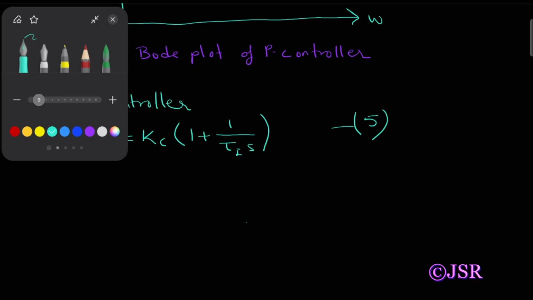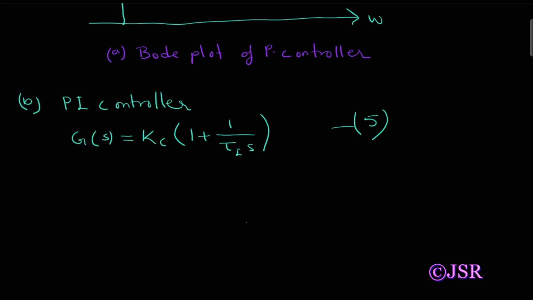So the amplitude ratio will be equal to the mod of G of j omega.